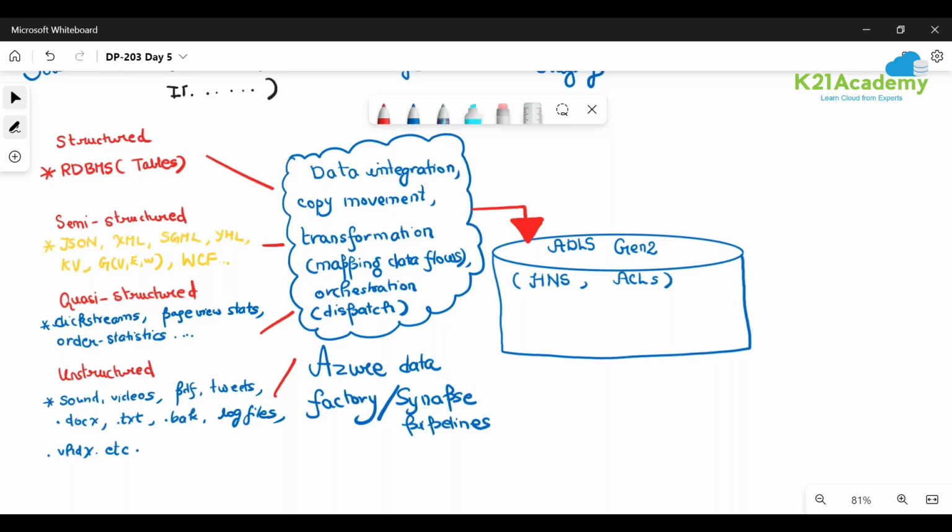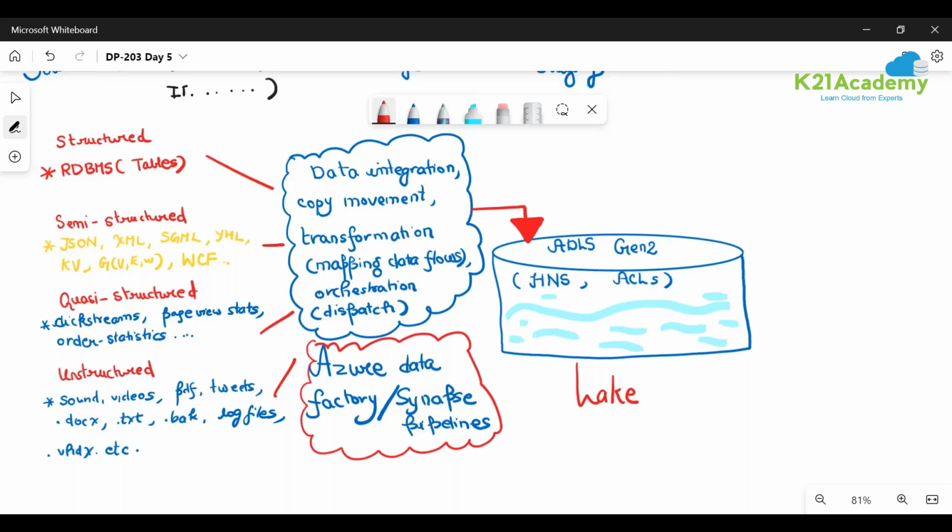Lake is an object storage, as you know. So we're going to bring it to our lake. Here is our lake. We're going to design highly effective, highly efficient, highly robust data movement, data transformation, data orchestration pipelines. Our choice to do that would be a data factory or Synapse pipeline.